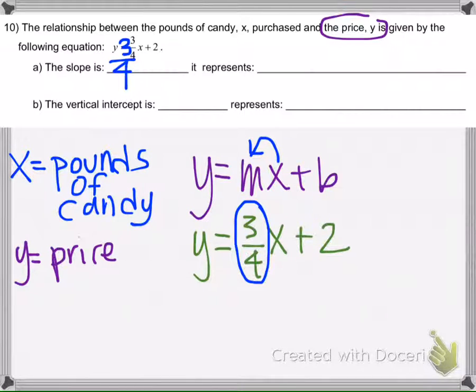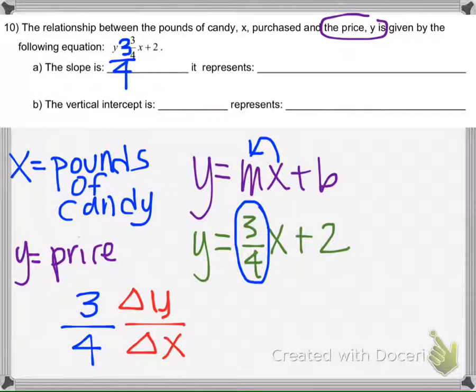So what that represents. I know that the 3 over the 4 is the rate of change, so the change in the Y and the change in the X. So the Y is the price, the amount for the candy. And then the 4 represents the X, which is pounds.